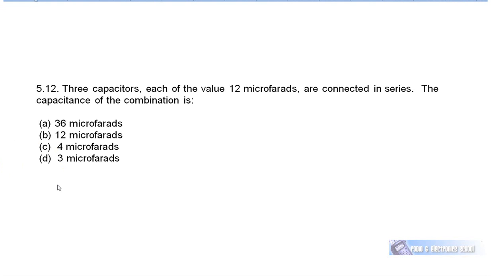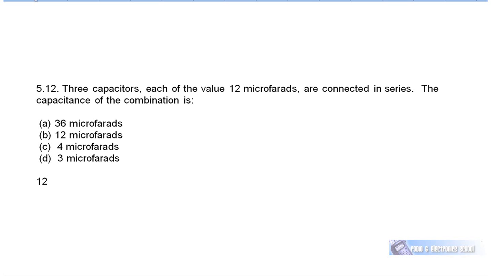Question 5.12. Three capacitors, each of 12 microfarads, are connected in series. The capacitance of this combination is... Okay, we have three capacitors of 12 microfarads in series.